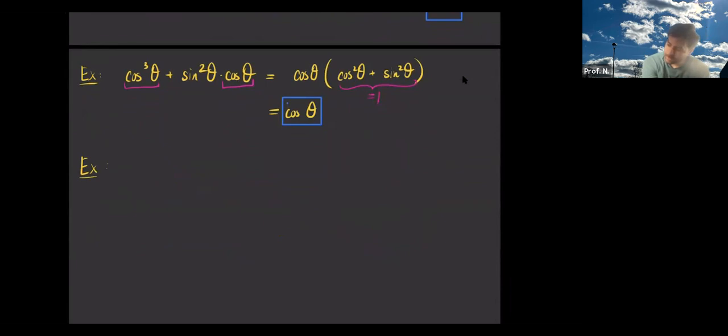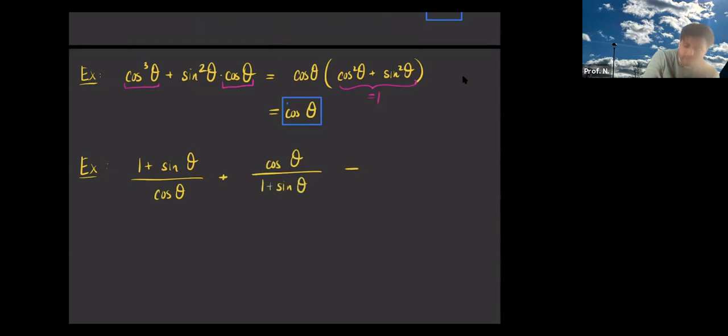Okay, good. So far, so good, hopefully. Let's see what else. There's so many here. It's crazy. How about something like 1 plus sine theta over cosine theta plus cosine theta over 1 plus sine theta.